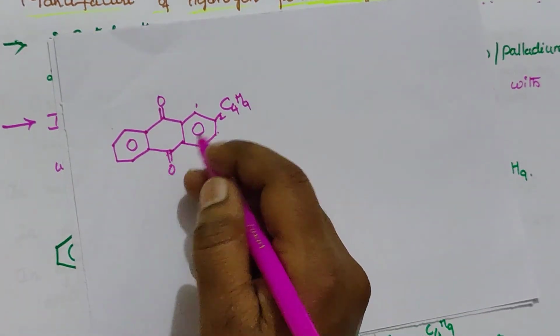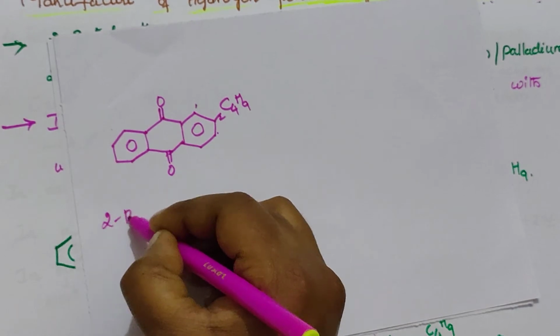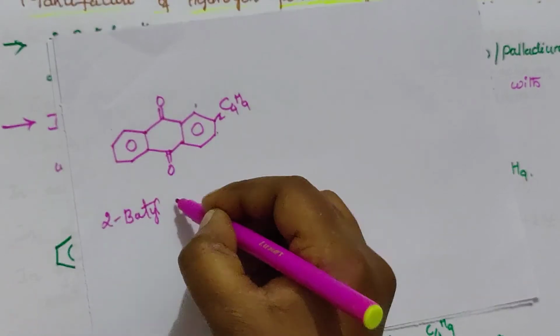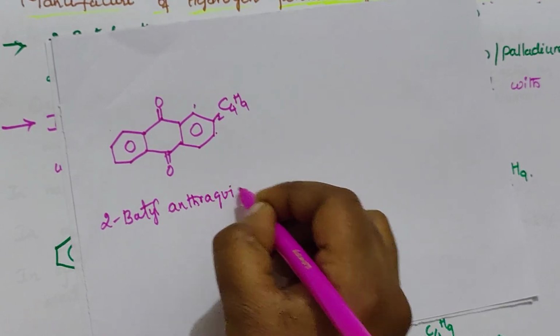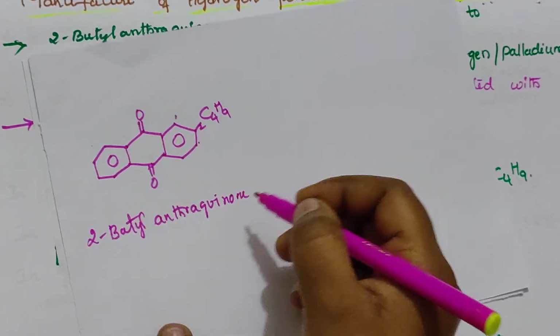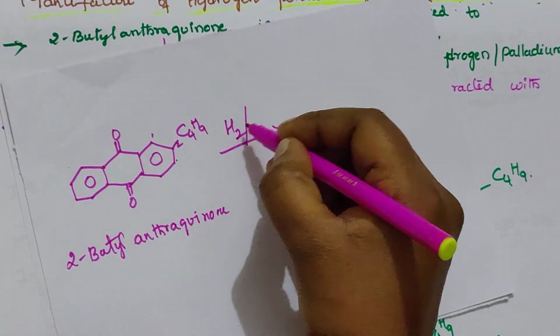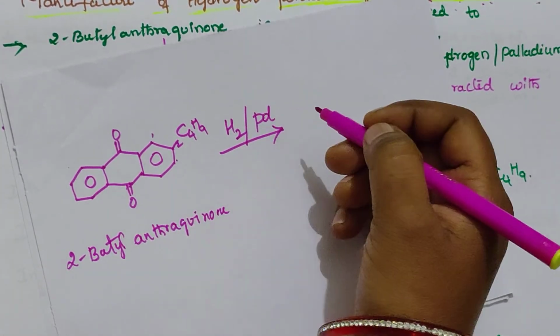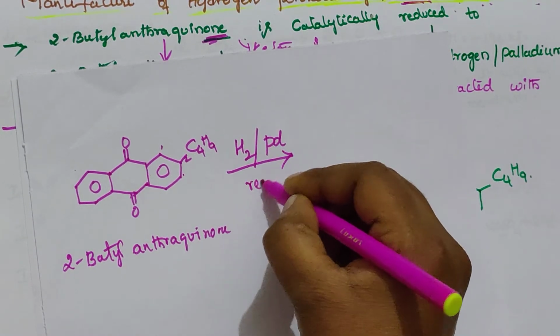The name of this structure is 2-butyl anthraquinone, and the reduction takes place with hydrogen and palladium catalyst.